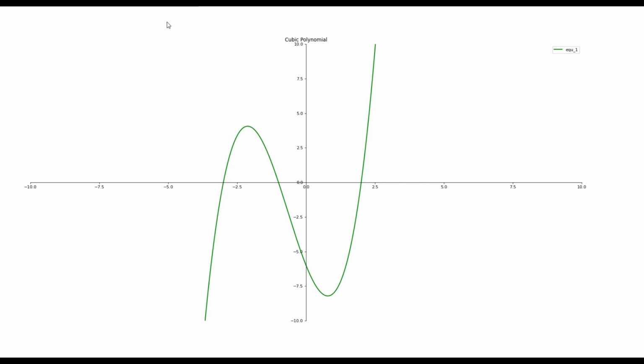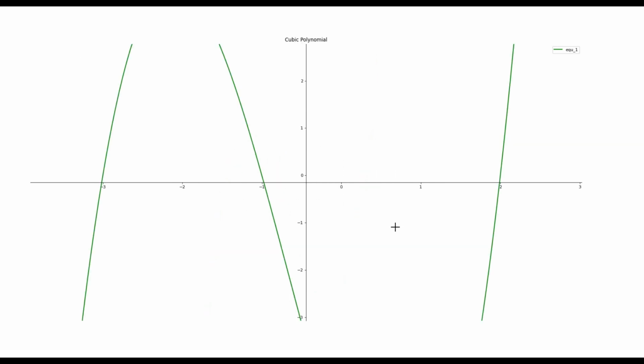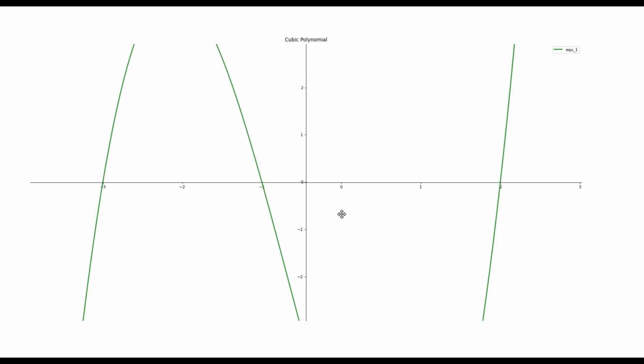So we are looking at minus 3, minus 1 and 2 are your zeros, right? Look carefully. So this is your x-axis, and the graph is crossing or touching the x-axis at minus 3, minus 1 and 2.